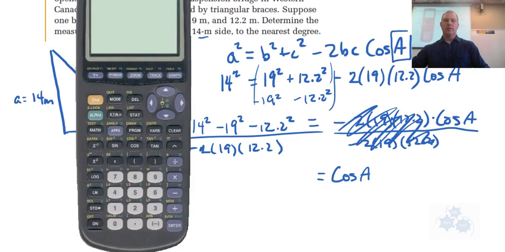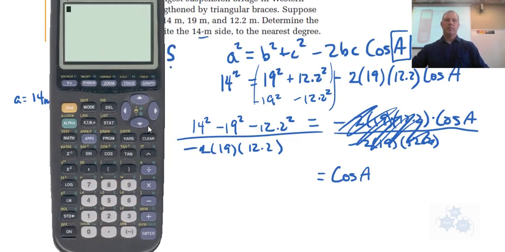So we're going to figure this out. Let's get the calculator going here and turn it on. So 14 squared minus 19 squared minus 12.2 squared divided by, now if you're going to do this all in one shot here, you might want to use brackets. -2 times 19 times 12.2, closed brackets there. Actually, I probably should add some brackets to the top as well.